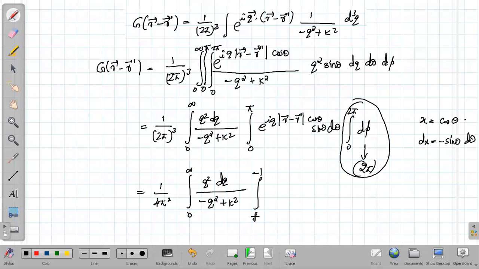Okay, so 1 to minus 1 e raised to i q modulus r minus r prime x, and sine theta d theta will become minus dx. Okay, so the integration is simple. You can integrate it, and this minus sign can be used to flip the integration limit, and the integration of the exponential function is very simple.